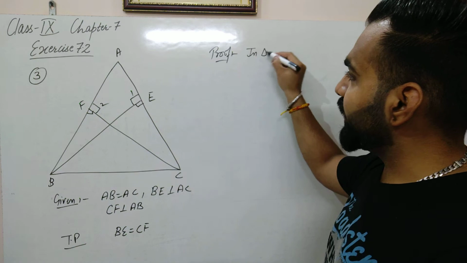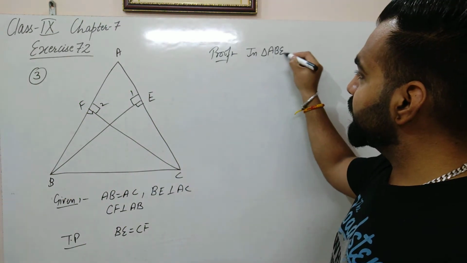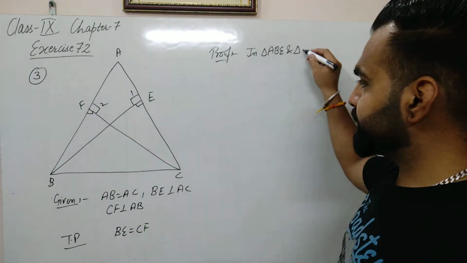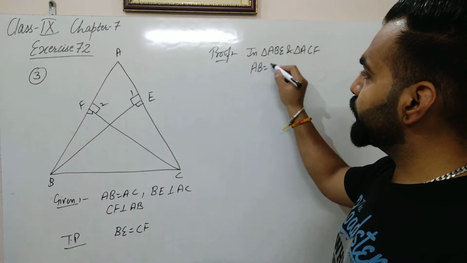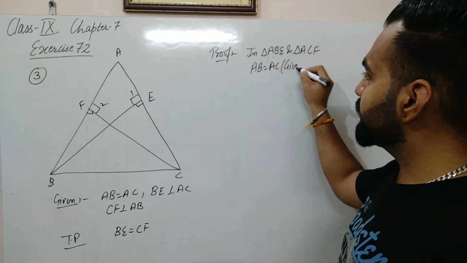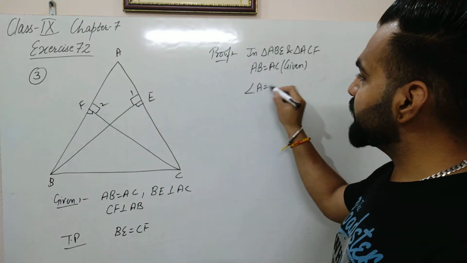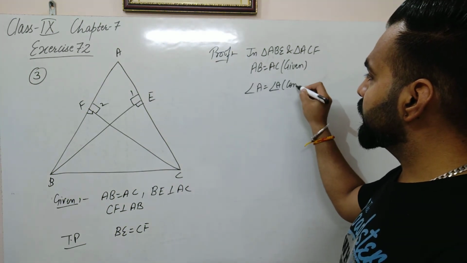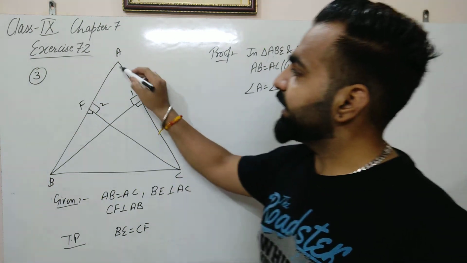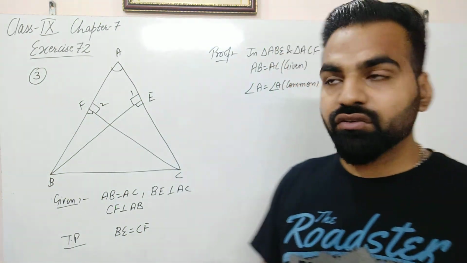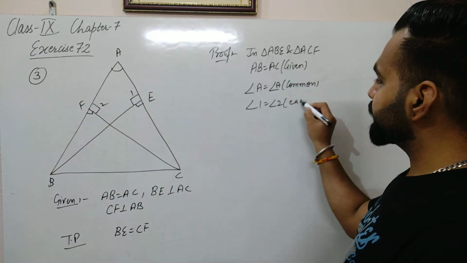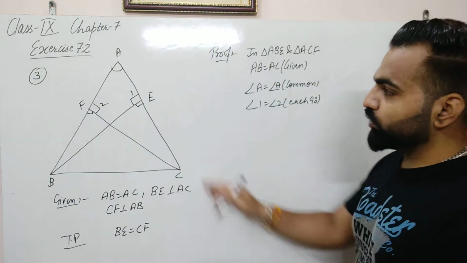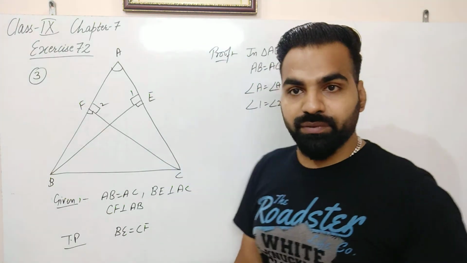So in triangle ABE and triangle ACF, AB equal to AC, given, angle A is equal to angle A, common. This complete angle is part of both the triangles, and angle 1 is equal to angle 2, each 90, because these BE and CF are perpendiculars.